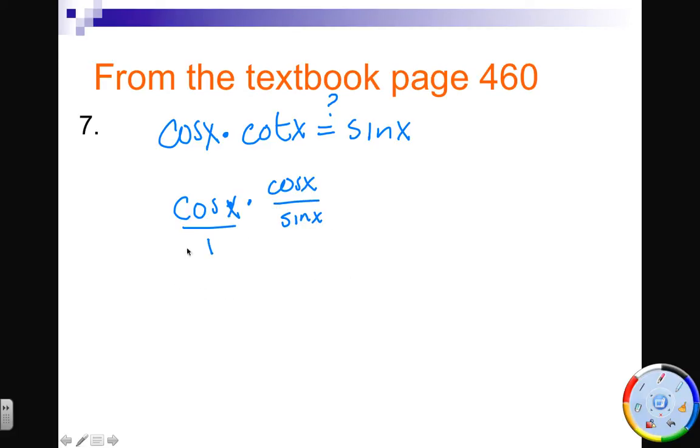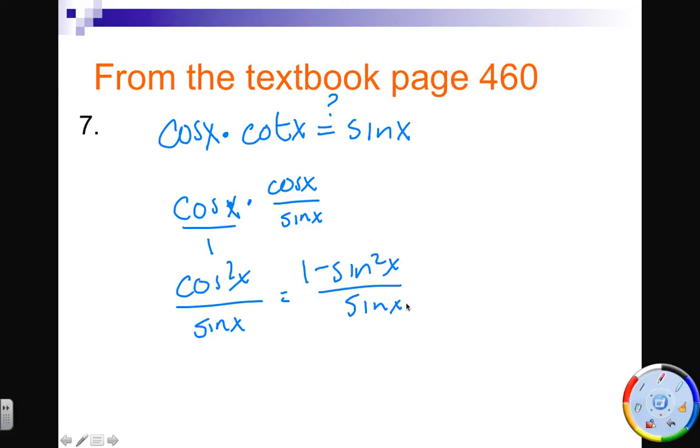Well, cosine times cosine is cosine squared. That doesn't really look like it's going anywhere here. Well, let's try some Pythagorean relation identity just for the heck of it. Let's go 1 minus sine squared x over sine x.